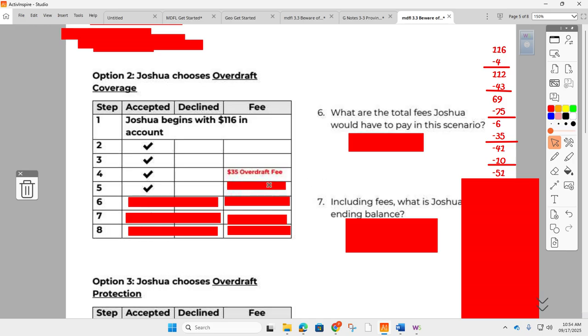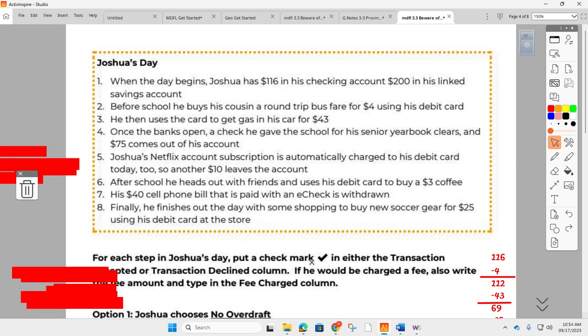He does. So now he's down to negative $86. If you're not keeping a running tally, you need to. That's part of the work you'll show for this. Now where are we at?